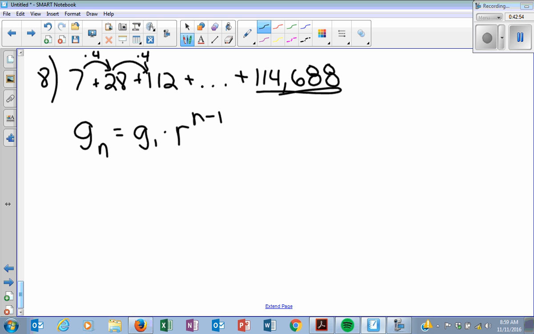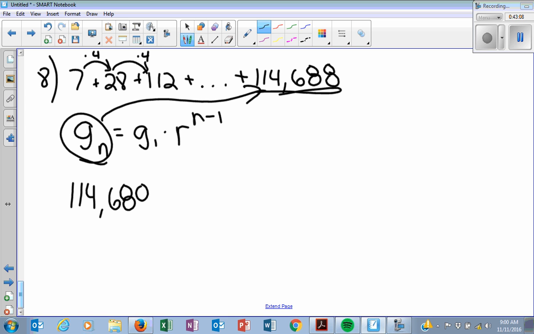And I don't think our calculators will be able to do that. I'll show you what you've got to do, but our calculators won't be able to do it. So you do the last value. What I want to find n is this one. So I put this in. It equals 7 times common ratio, which is 4, to the n minus 1 power.